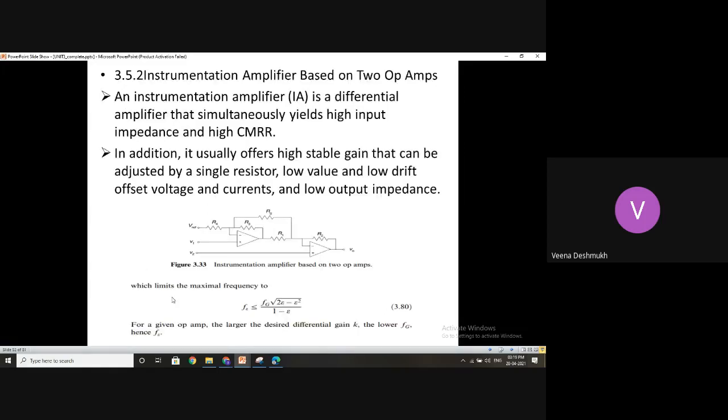But why this two-stage one is not used is because if all these resistors are not properly matched, in the sense the self-heating factor of all these is not matched, then this may not give us the noise suppression required.